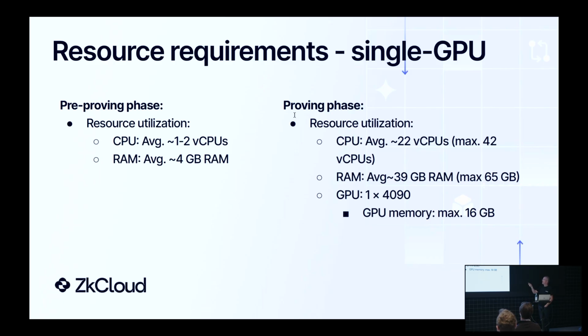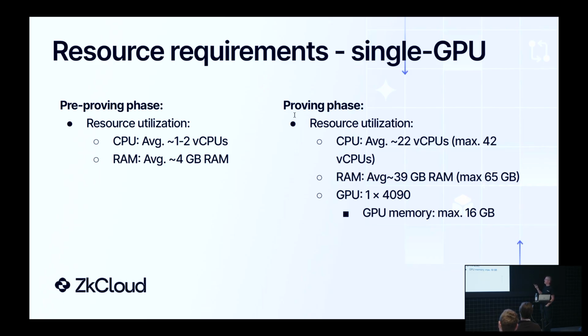So as you see, the pre-proving phase doesn't require GPUs, very minimal, few threads, 4 gigs of RAM on average. However, the proving phase requires on average about 22 threads or virtual cores, with the maximum we have observed being 42 cores, and an average RAM of almost 40 gigs. The maximum we've observed is 65.